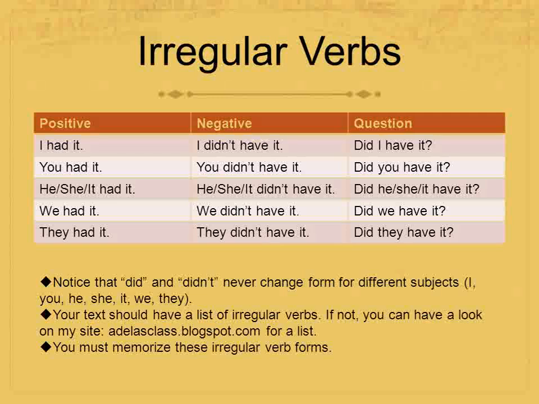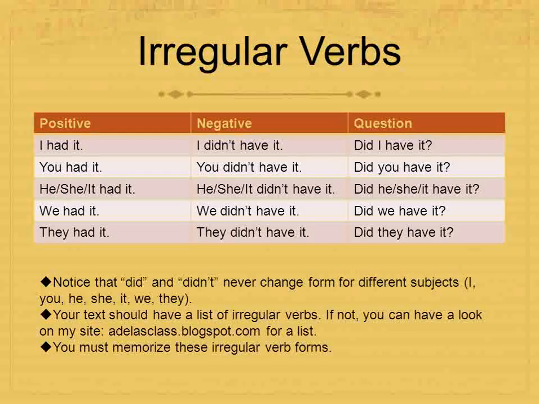One thing I wanted to point out here is that did and didn't never change form for different subjects, like I, you, he, she, it, we, and they. They always are did and didn't. I didn't, you didn't, he didn't, she didn't, we didn't, they didn't.